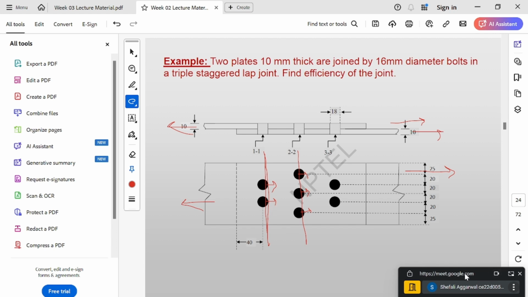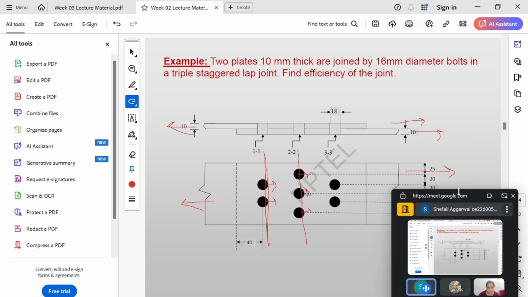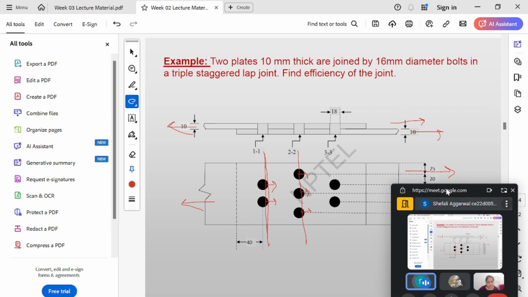Why will they govern, ma'am? If those were failing, the triggering point cannot be from considering those bolts also, because the bolts will be getting load equally. We can also consider plane three and plane one at a time.